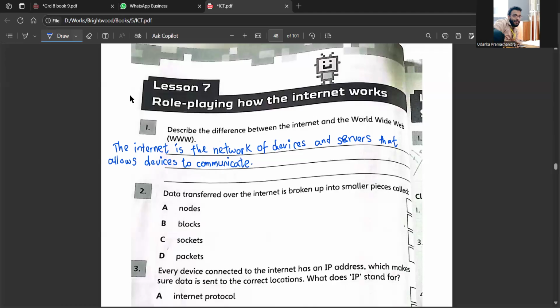So next, the WWW, the World Wide Web. What is that? The WWW is a part of the services available using the internet.